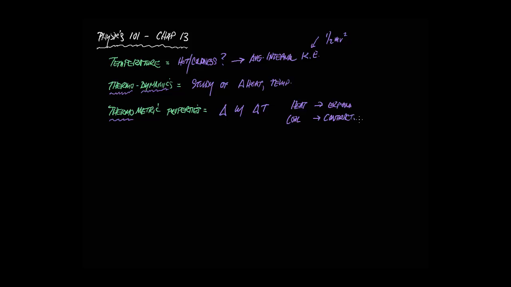And there's a whole section here in chapter 13 that talks about that. We use that idea in determining how concrete will expand in the heat and contract in the cold, and why they put in expansion cracks, things like that. Same thing with bridges.